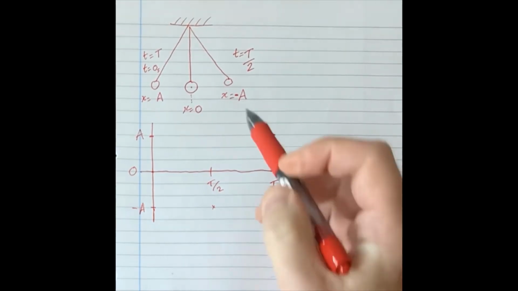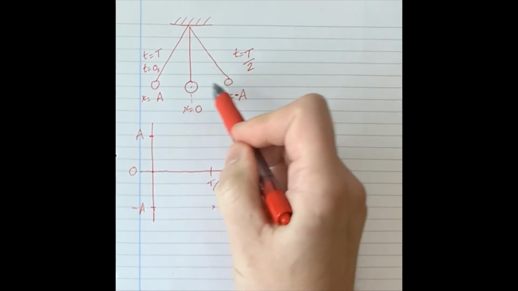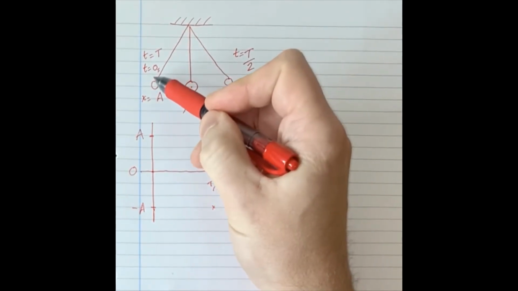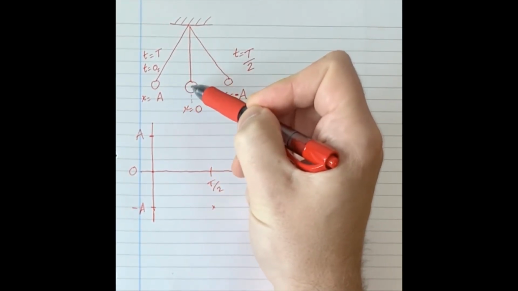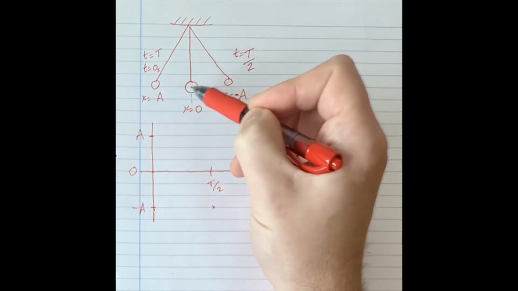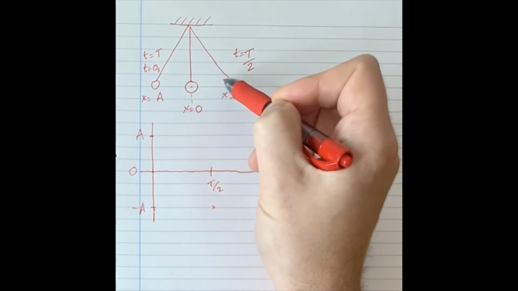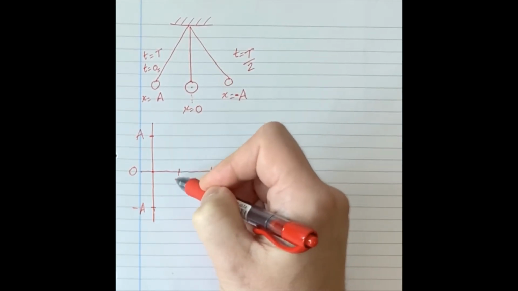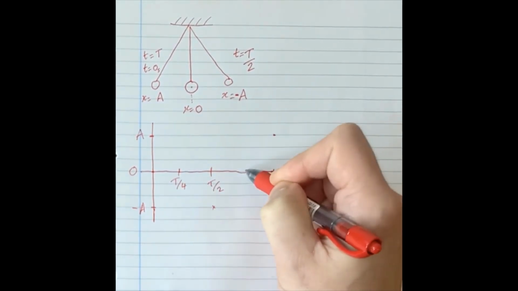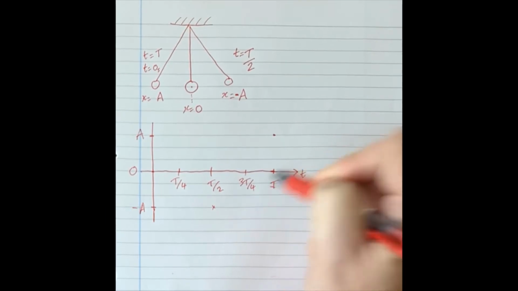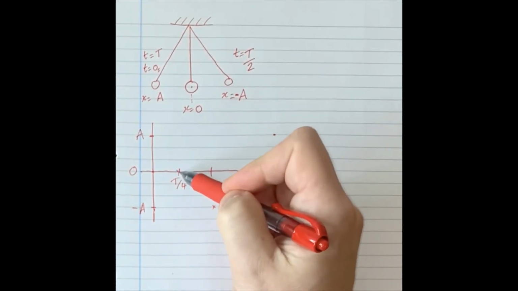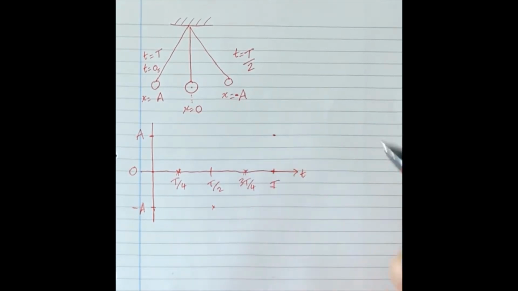Now we can look and see how long it would take to get to the mean position. As it moves down, this is going to go through a quarter of the time period. So a quarter, half, 3/4, a full time period. At a quarter and 3/4 of the time period, it's going to cross that midpoint.